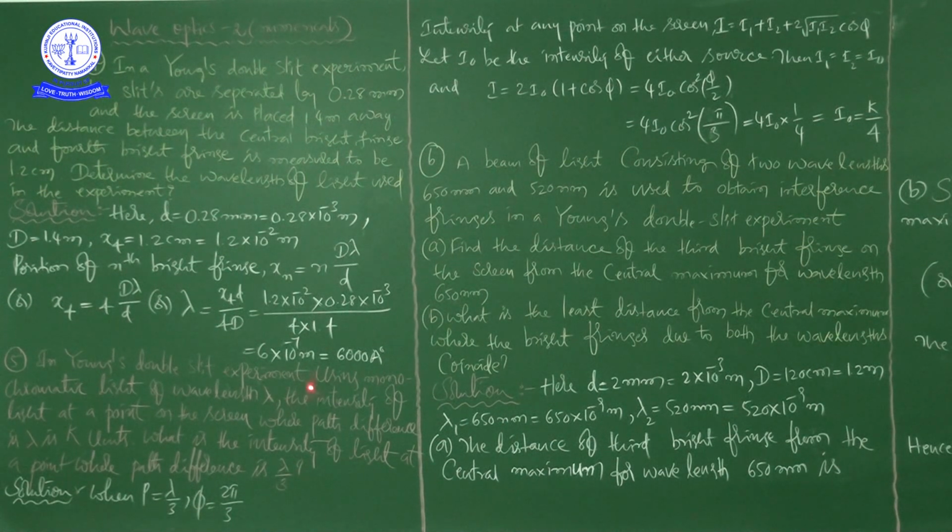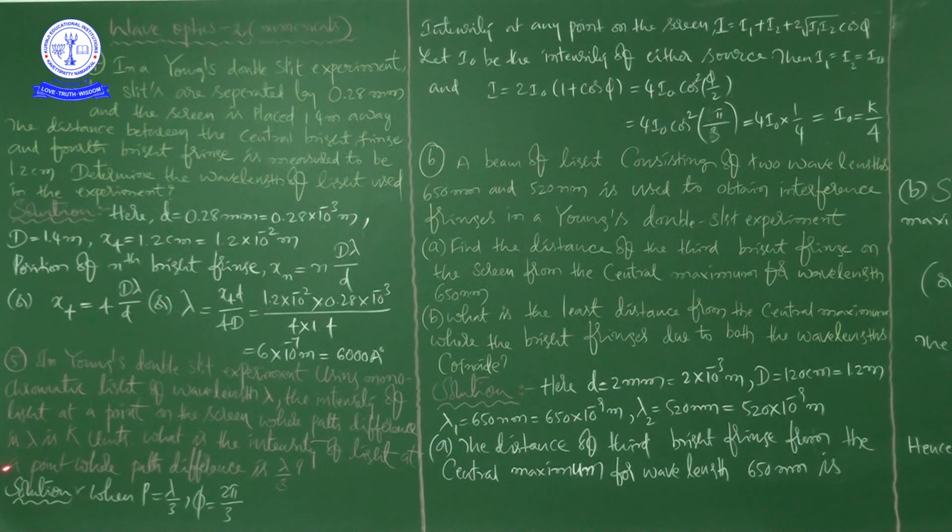In Young's double slit experiment, using monochromatic light of wavelength lambda, the intensity of light at a point on the screen where path difference is lambda is k units.